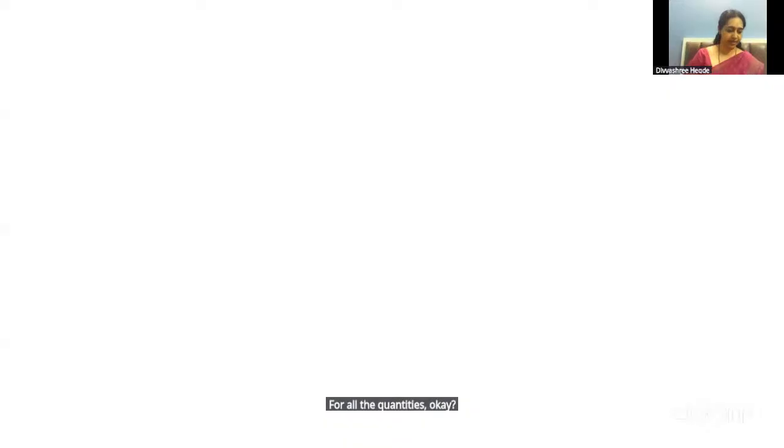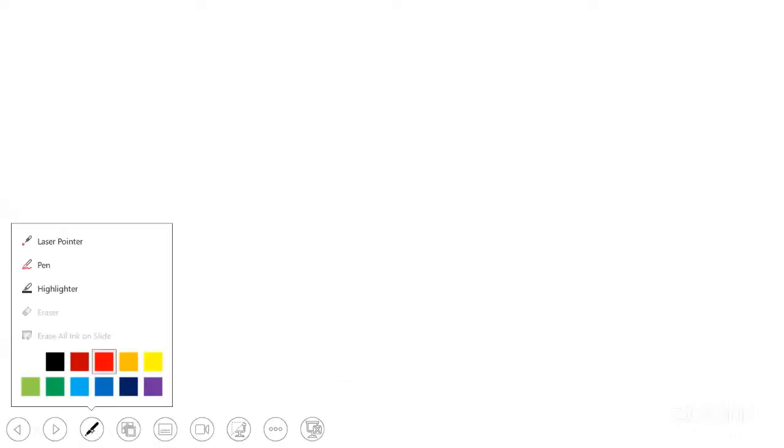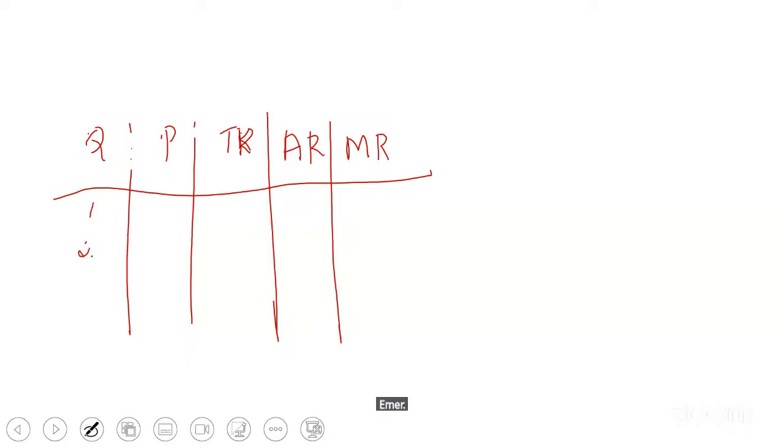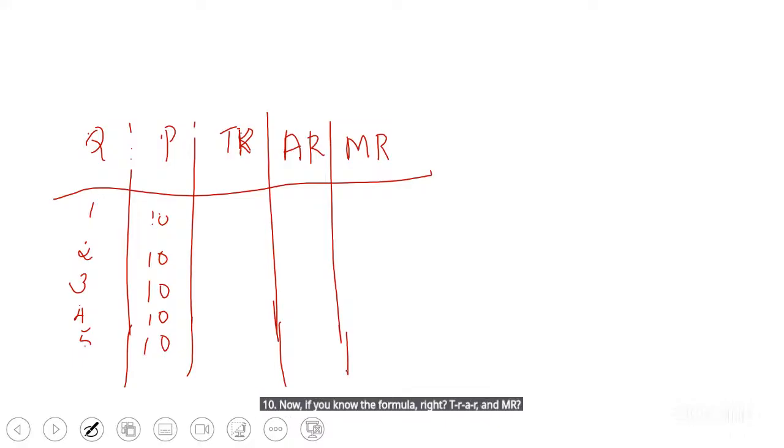So the columns are quantity, price, TR, AR, MR. Quantity 1, 2, 3, 4, 5. Price 10, for all the units it will be 10. Now you know the formula, right? TR, AR and MR. Complete the table.